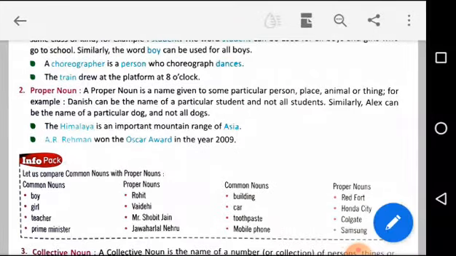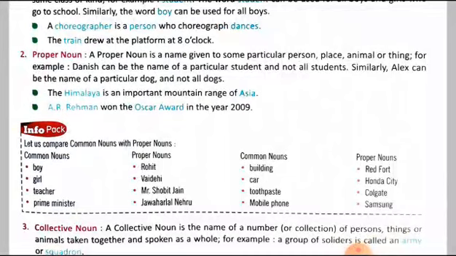Teacher is the whole class of persons who teach, but Mr. Shobhit Jain is a certain teacher. Prime Minister represents the whole class who rule a democratic country, but Jawaharlal Nehru is a particular Prime Minister of India.